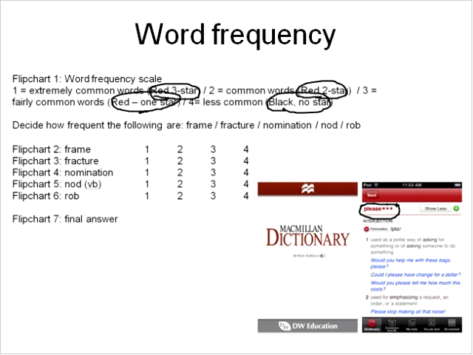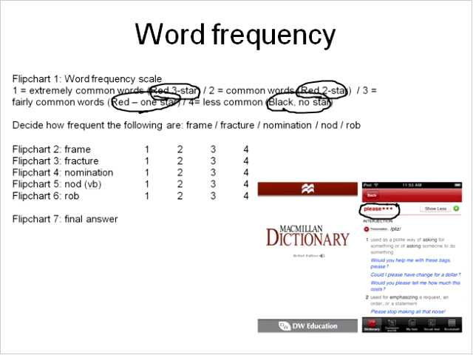Frame. If you've got a pen and you want to just jot down what you think they are in terms of frequency. Fracture. Nomination. Nod as a verb, and rob. And starting with frame, any thoughts?